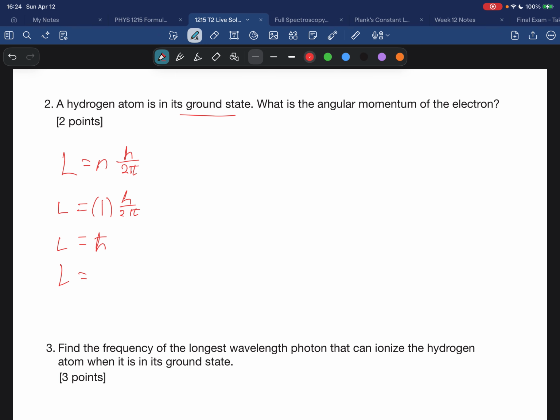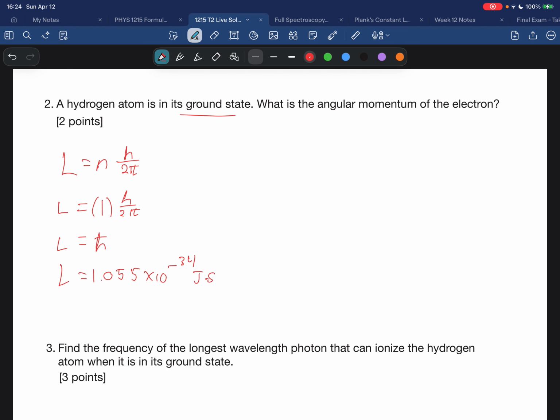a constant that we had not introduced yet at the time of this test, but at the time of the posting of this video, we have covered. And you should know this as 1.055 times 10 to the negative 34 joule seconds.